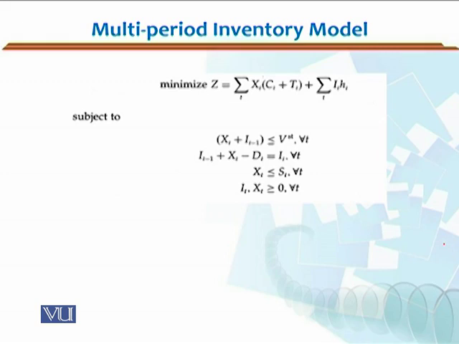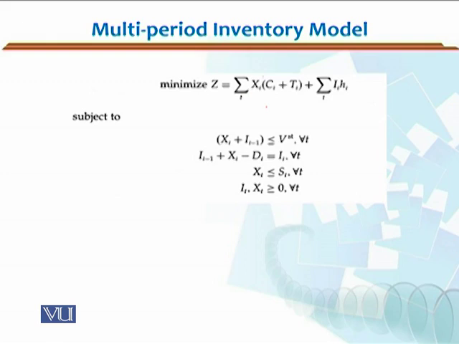I can solve it with the help of a standardized or generic linear program if it is as simple as this one. I have a minimize Z function, which would be the sum over all periods of X_T C_T plus T_T. X_T is the quantity in any time period T. So you will sum up what you will do.